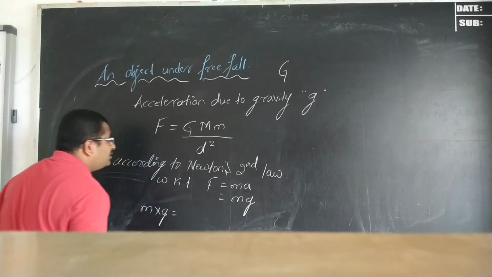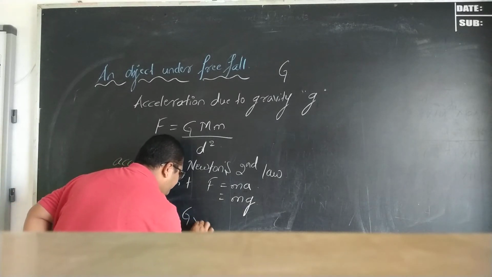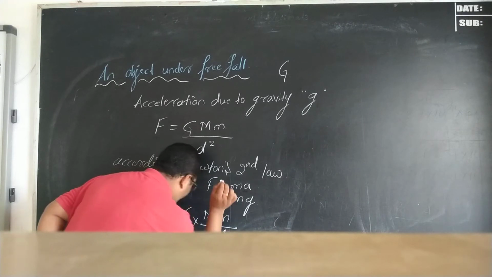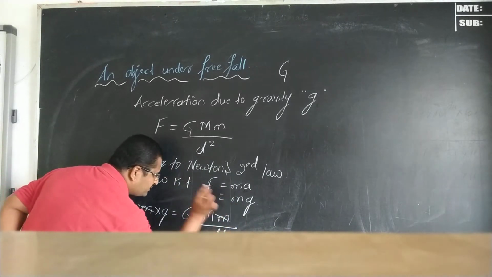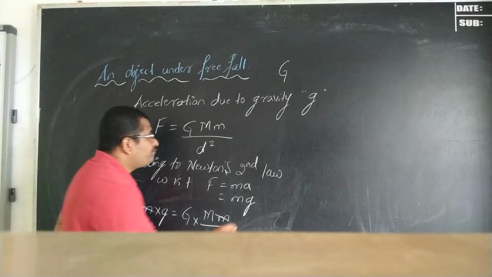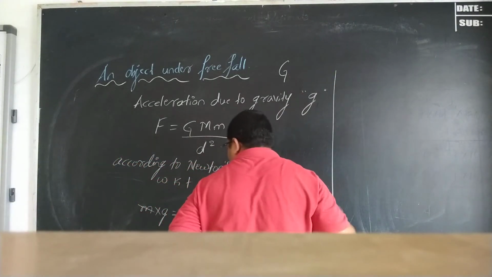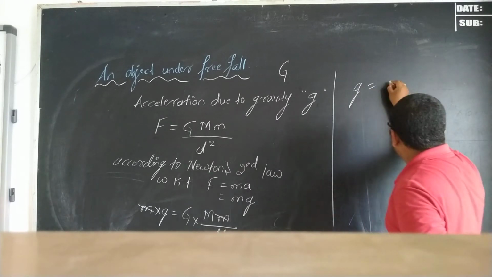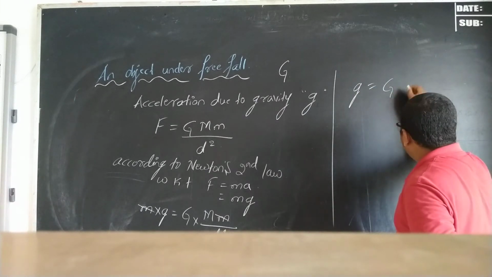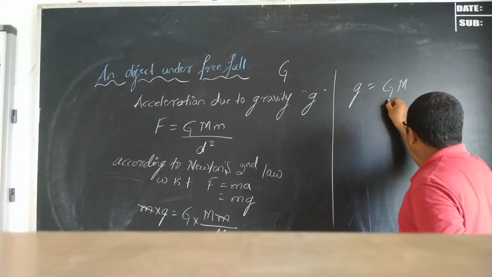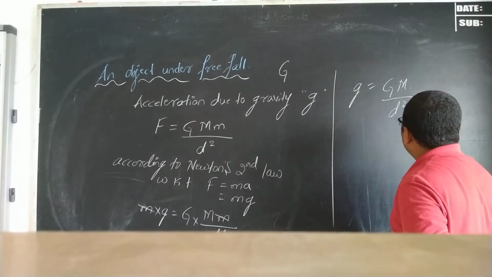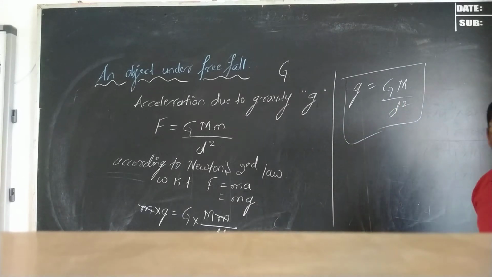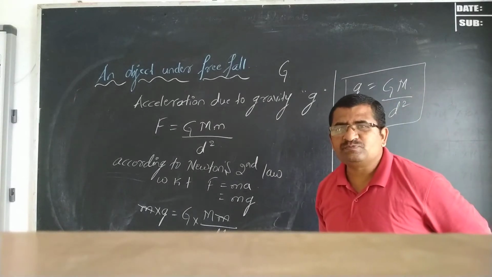So mg = GMm/d², and small m cancels on both sides. What remains is g = GM/d², with M the mass of the earth. So this is the expression for acceleration due to gravity, small g.